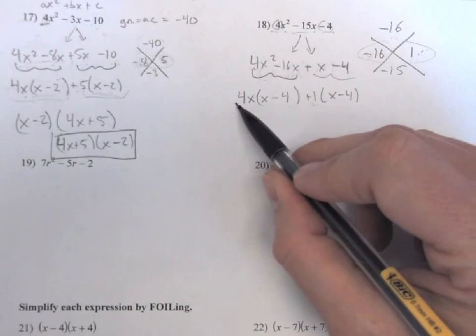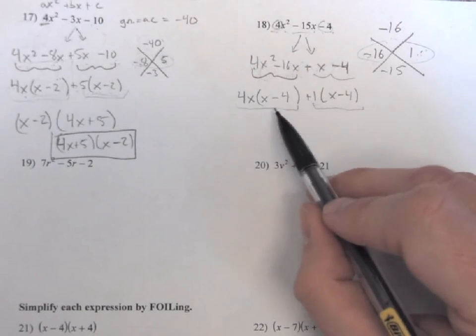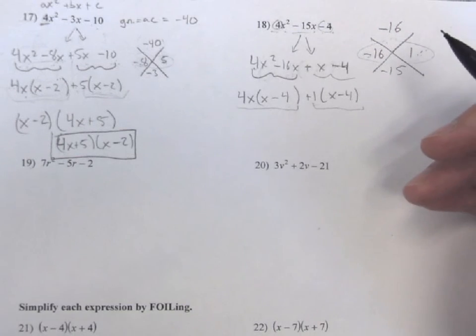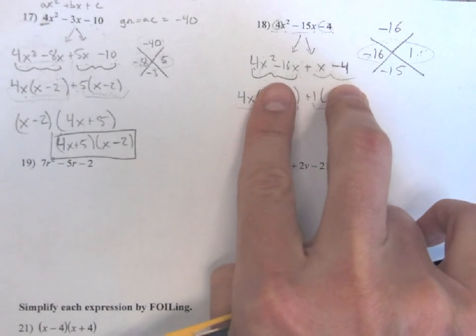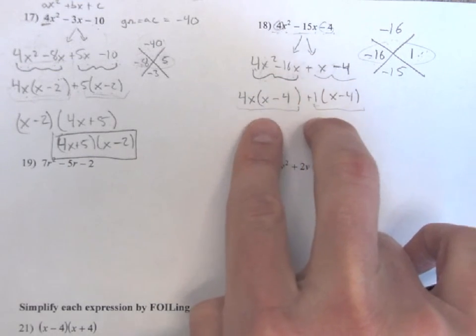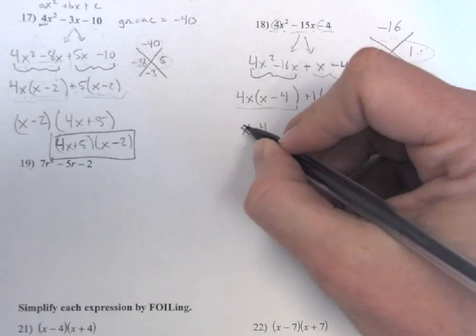Now notice that with this chunk and this chunk separated by the plus, they have a common factor. They both have an x minus 4 in them. And so I can basically cover that up, right? And I get 4x plus 1. But I'm going to factor those two guys out. So I have x minus 4.